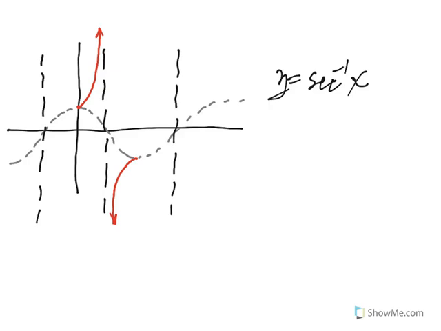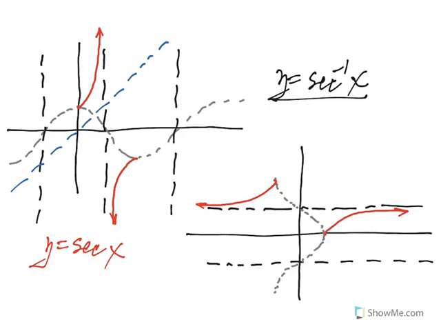Now this is a graph of y equals the secant of x. If I find the inverse of this function, the arc secant of x, remember it is a reflection over the line y equals x. If I take the red portion and reflect it over y equals x, the x's become y's, the y's become x's, and you get a drawing that looks like this.